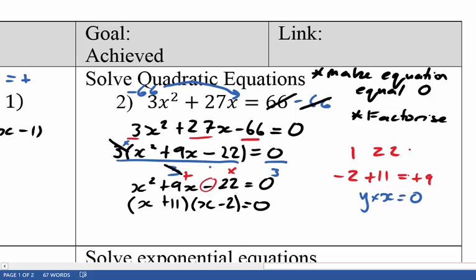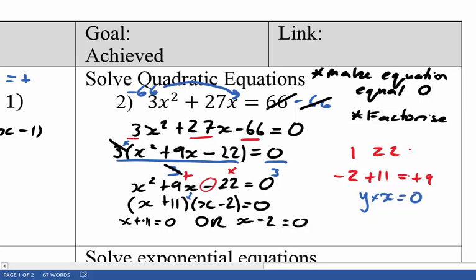So if I think about it like that, these two here are my y and my x. Either x plus 11 equals 0, or x minus 2 equals 0.